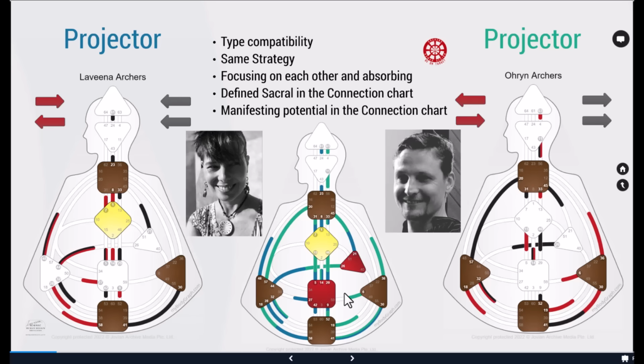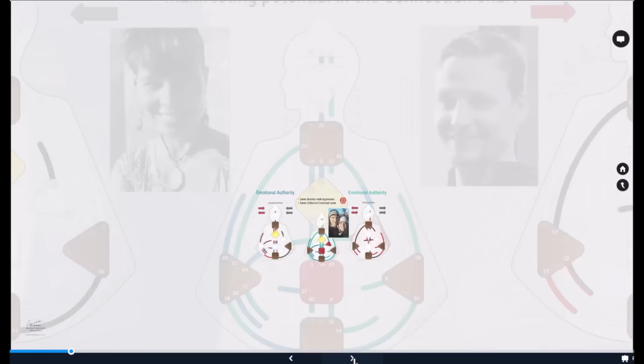The definition may look like that, but the difference between a pure manifesting generator and two projectors coming together is like the difference between a jet airplane and a motorboat, maybe even a rowboat. Okay, so you're not manifesting generators together, or generators with manifesting potential, ego manifesting, and adrenalized, and all kinds of ways that you could get this energy out to the throat. So we'll take it piece by piece.